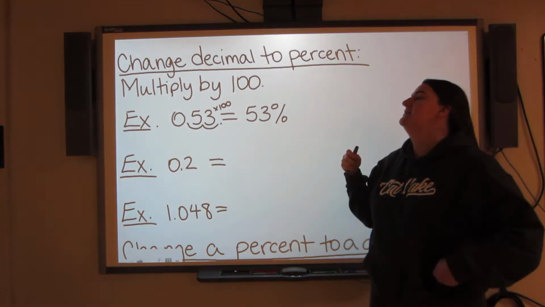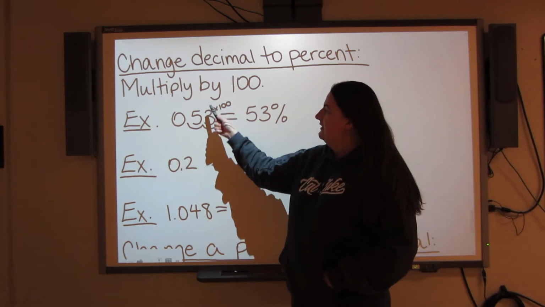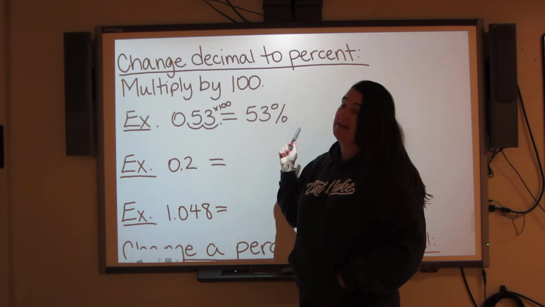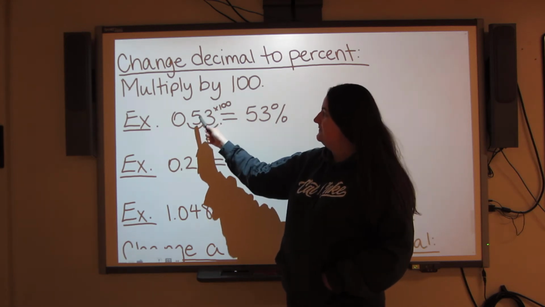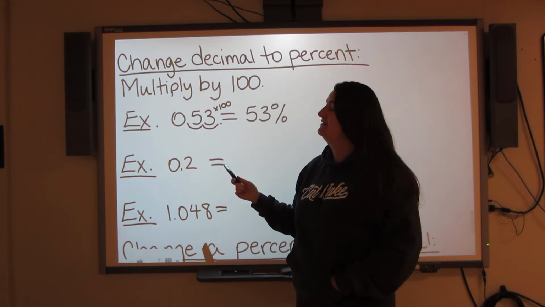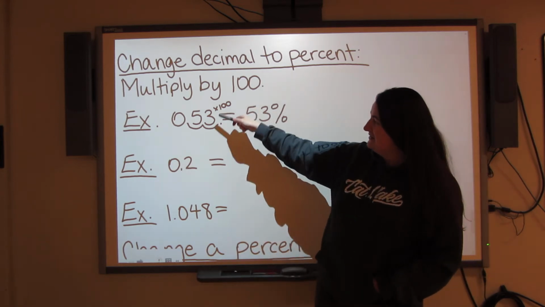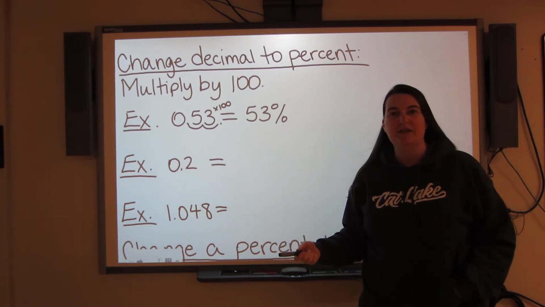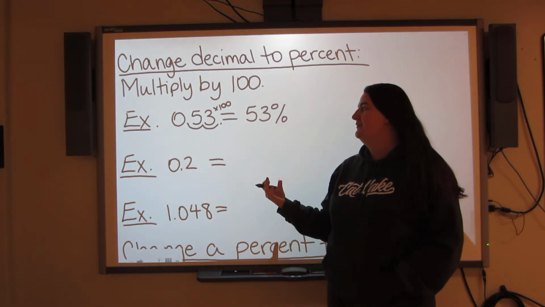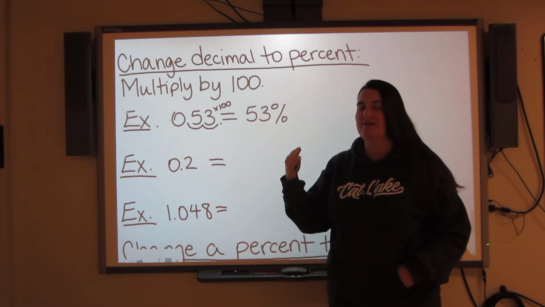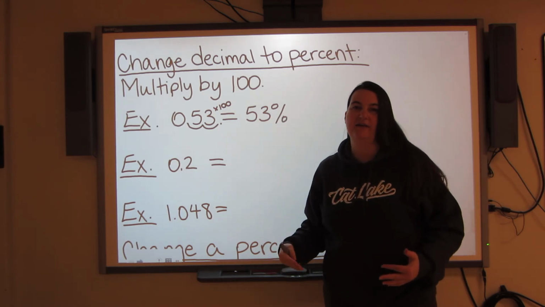So think about it this way, whatever you've got for your tenths and your hundredths, that's your percentage. So I have 53 hundredths, so I have 53%. This is the hundredths column. Your hundredths column, we're dealing with a percent, so that's still 100. So they're all interconnected that way.